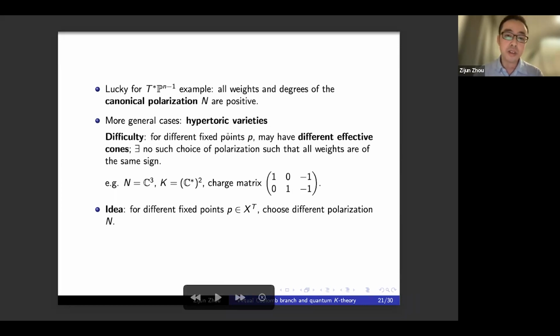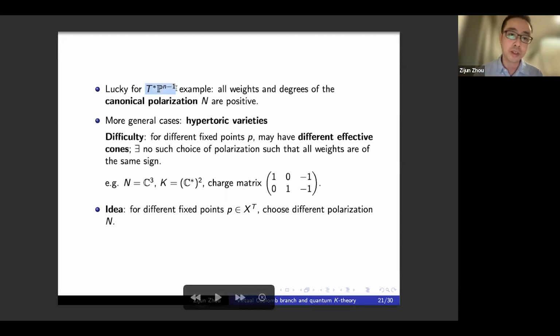And you can also look at the fixed points of these hypertoric varieties. The difficulty I just mentioned shows up as follows. For different fixed points, you have different effective cones. For each fixed point, you have a cone of effective curves mapping into that fixed point.